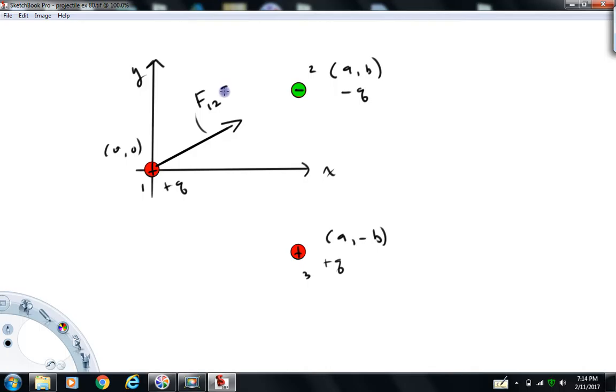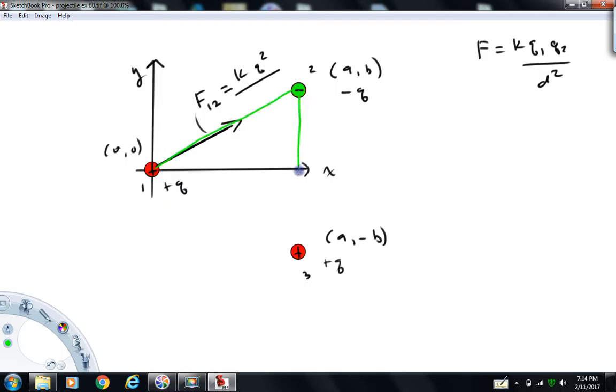Now I'm going to go ahead and calculate the magnitude of this force. By Coulomb's law, I'm going to write this off to the side. Remember, the force between two point charges is k Q1 Q2 over distance squared. In this example, Q1 and Q2 are the same, so I'm just going to call that kQ squared over the distance. Now, the distance we need is from here to here.